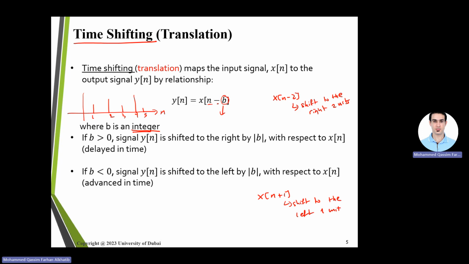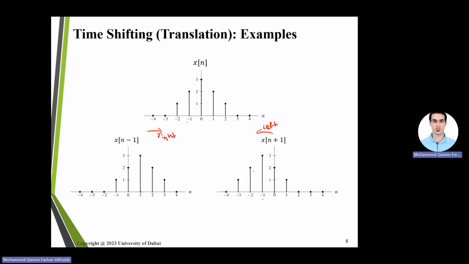If you do a shifting with, let's say, a non-integer or float value, it will produce an incorrect answer. Basically, you get all zeros because you're taking samples at non-integer indices. Okay, so that's something we already covered. That's an example of time shifting or translation in time domain.